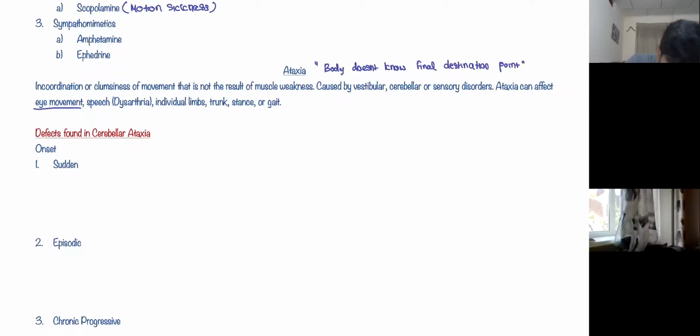Our eyes are rapidly moving muscles, which must be perfectly coordinated. And if this is affected, it can lead to nystagmus. Speech is affected too, because the laryngeal muscles don't know where to stop. What is the final destination? So they will have abnormal speech disorders. This is a motor disorder.